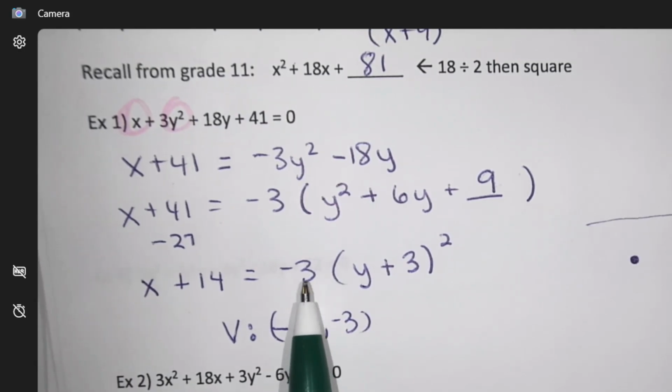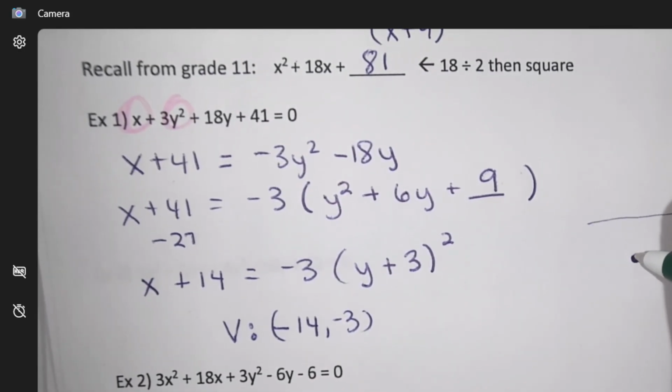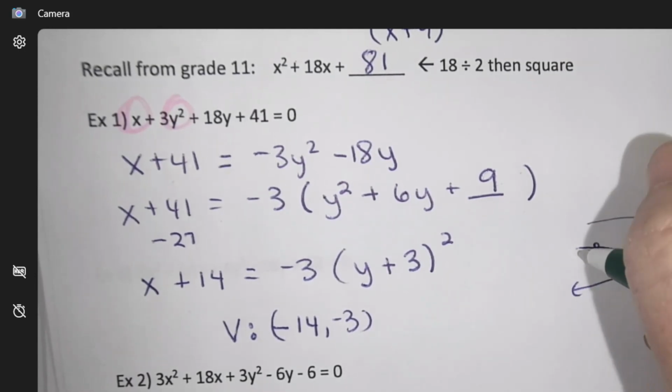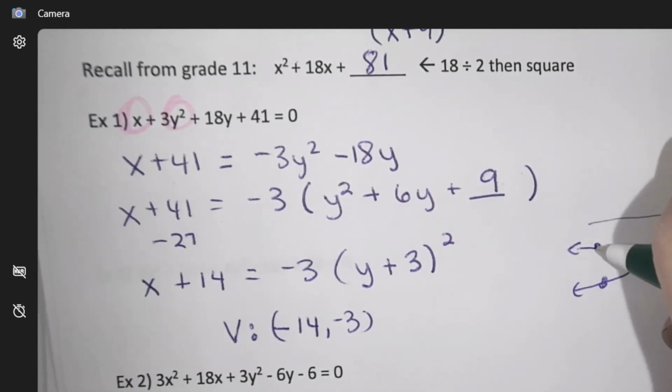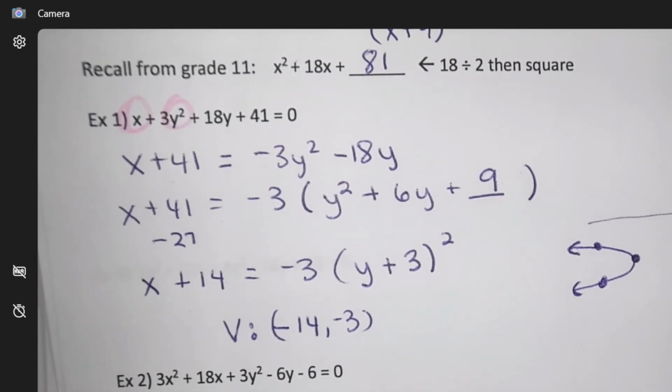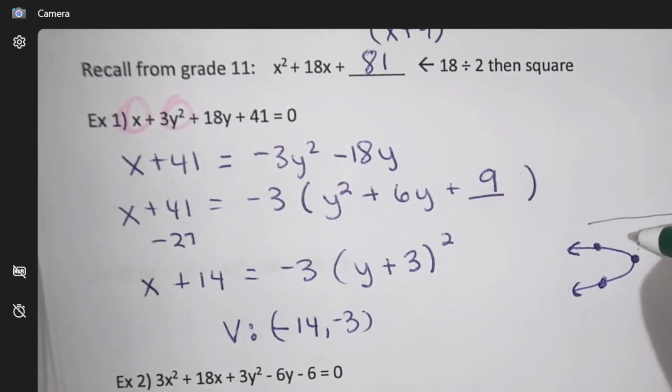It's left because the negative 3, it kind of looked like that. And what would I do here? I would do 1 and 3. You know what I mean with the pattern there? I would do 1 and 3 left. Okay?